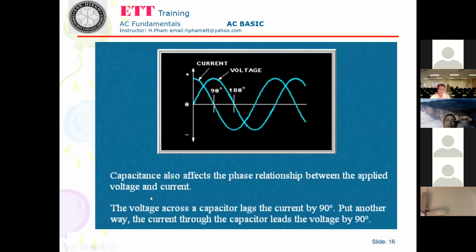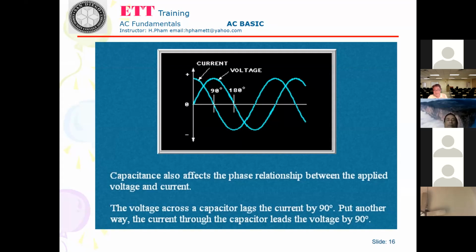Okay, now, this display is very important for the AC signal. You understand we have already done the AC voltage and the current. First thing you must memorize, okay?